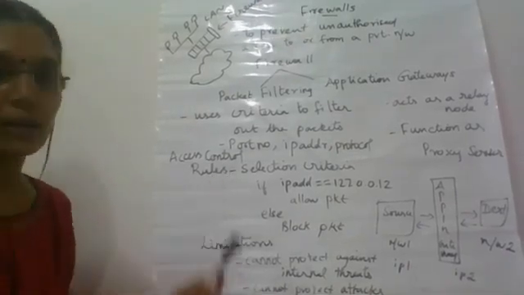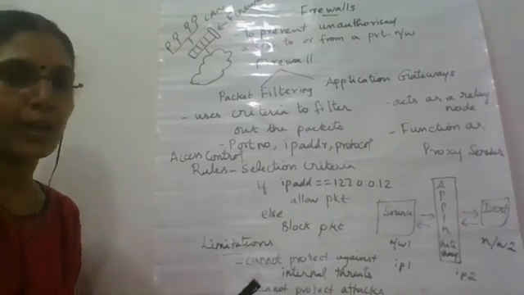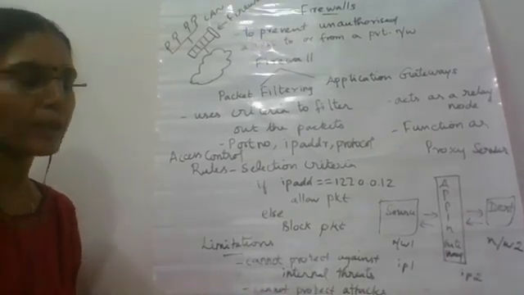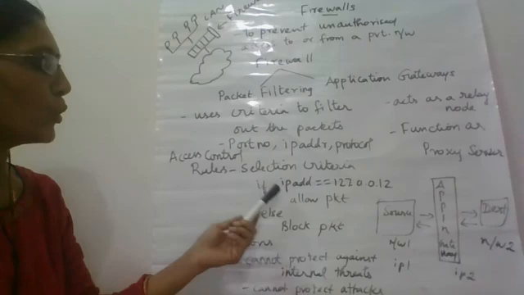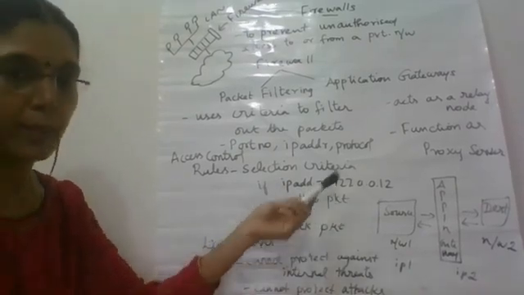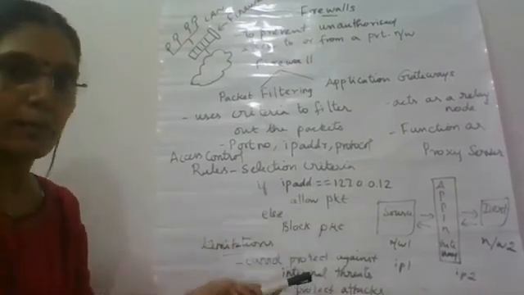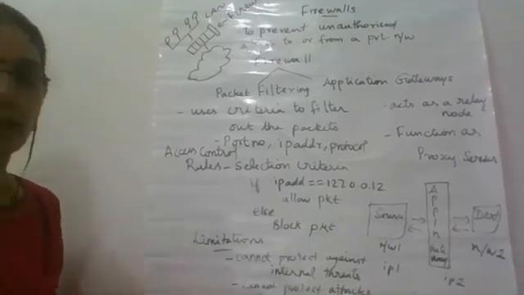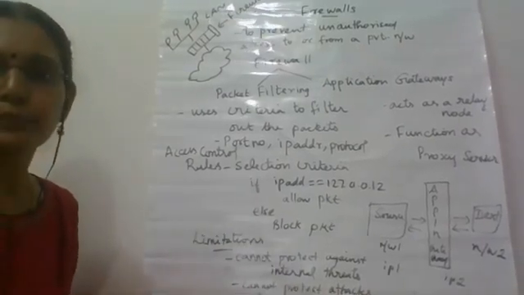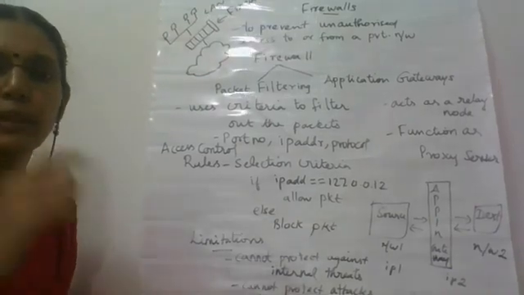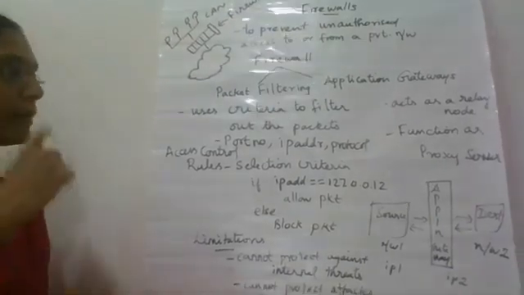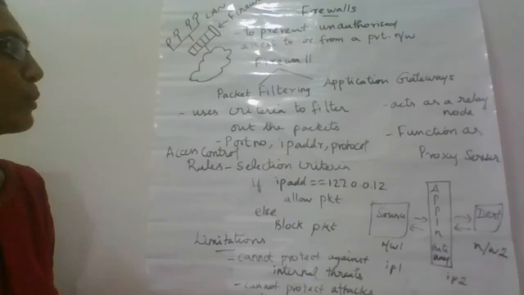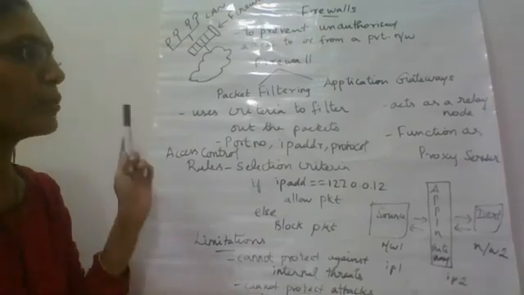Suppose a packet comes from port number 85 and we want to discard it. Then it can write: if port number is equal to that number, then discard the packet, else allow the packet. Like this, it can define various rules. So, packet filtering reads out the packet's information. Based upon the packet information, it allows the packet.